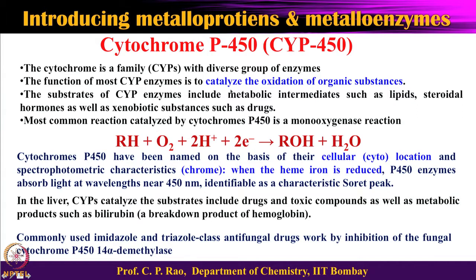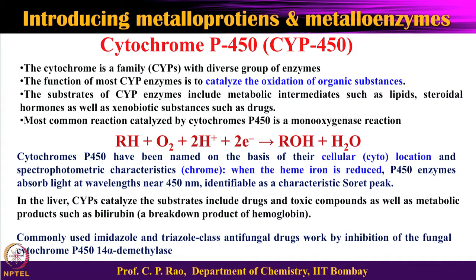So, the main thing is it catalyzes oxidation, and cytochrome P450 is a family of enzymes, though we are talking about this particular enzyme here. The main reaction: RH is taken as some kind of hydrocarbon, oxidized with 2 H plus and 2 electrons. In oxygen activation, what did we study? 4 H plus and 4 electrons, because you have to convert both oxygens into water.